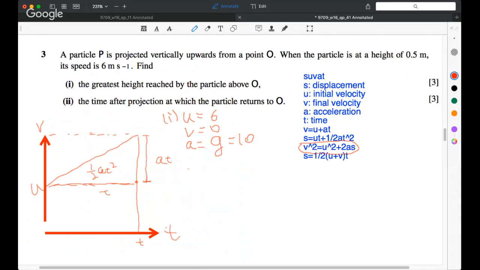So 0 squared equals 6 squared plus 2 times a times s. But we have to take care here because gravity is acting downwards and we're taking upwards as positive, so a should be minus 10.